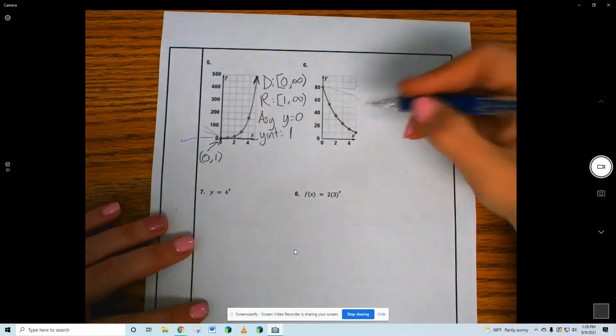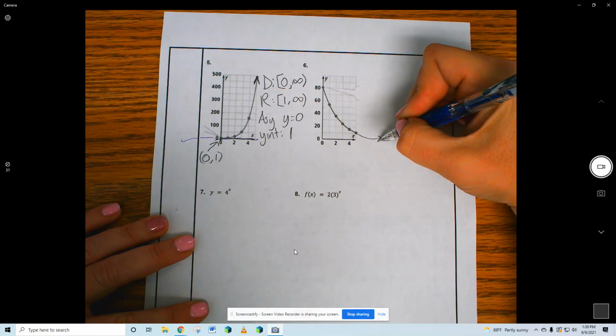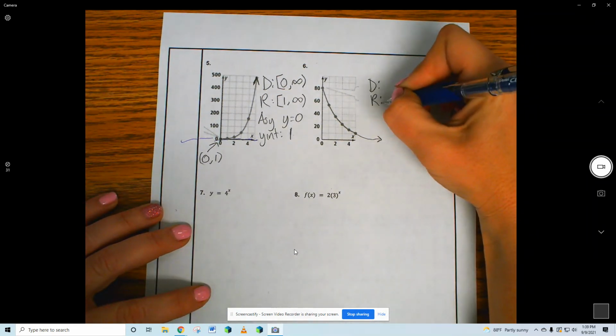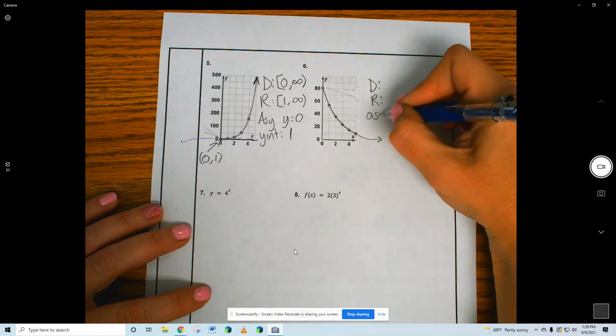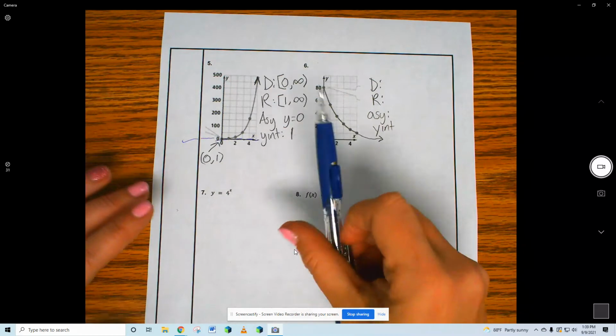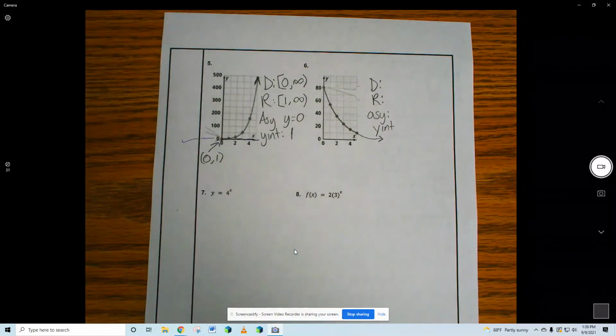You guys, I need you to make an arrow on this. This goes forever. I want you to try number 6 with your groups. Where does it start? On domain and range. Go ahead.